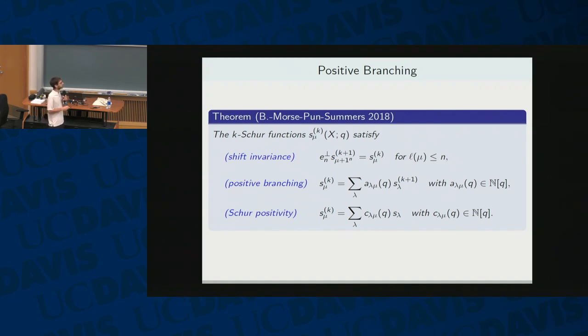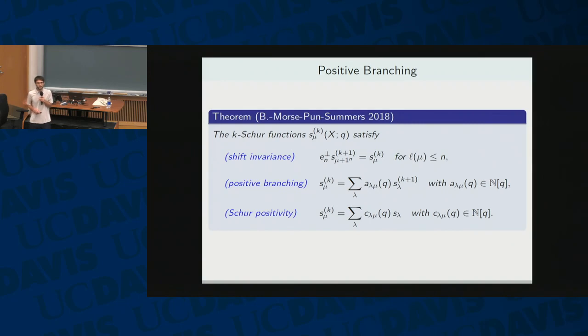Using that, we were able to establish that the k-Schur functions have positive branching coefficients in terms of k+1 Schur functions. By iterating this branching onward, eventually you get down to Schur functions, and it proves that the k-Schur functions are Schur positive.